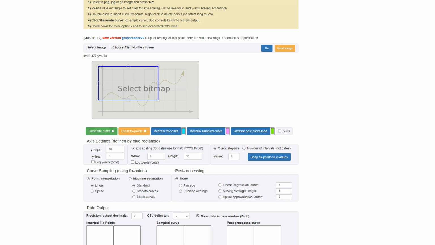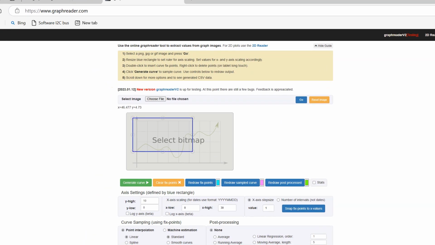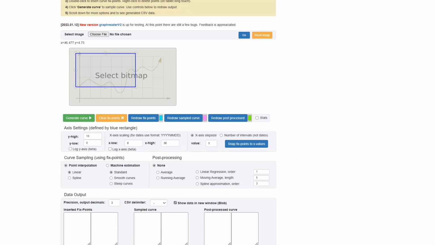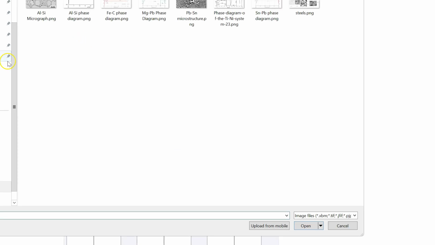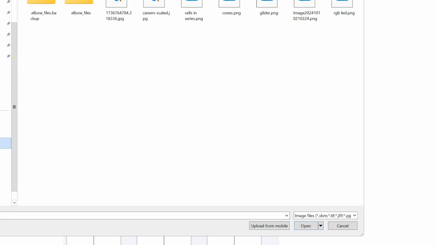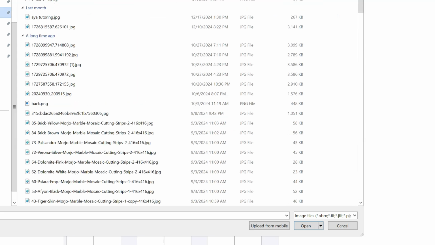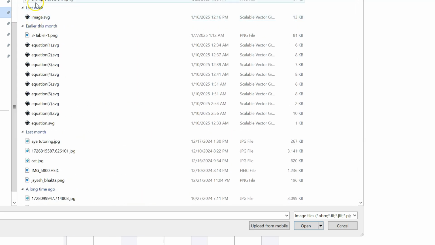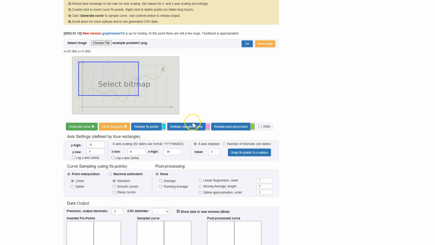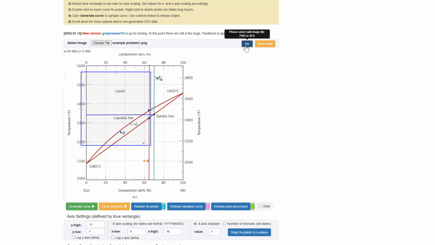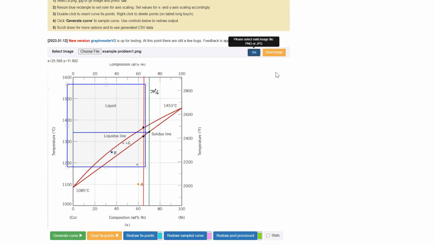So I'm just going to change the focus of this so you can see what I'm looking at here. So graphreader.com. I'm going to now select my file, just right here. And go. And there it is. So I'm just going to zoom in there.